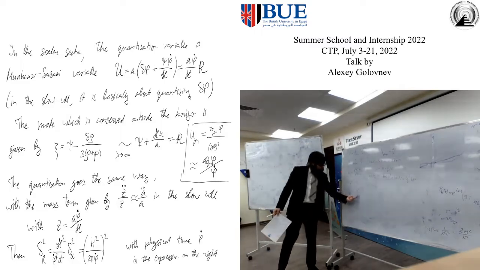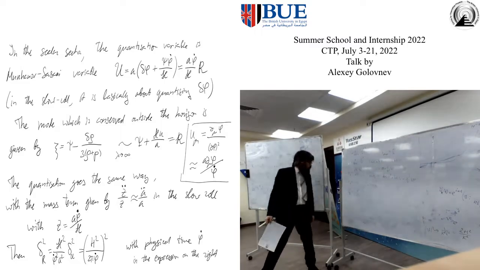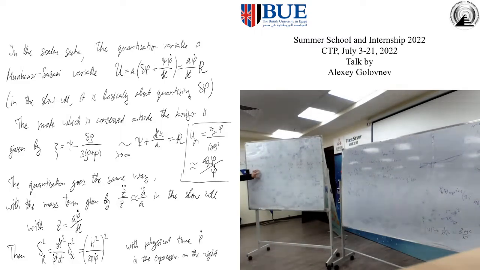The difference here is that phi dot goes to the denominator precisely because this correction was small for the Mukhanov-Sasaki variable, and that gets enhanced when it goes to the calculation of the Newtonian potential.